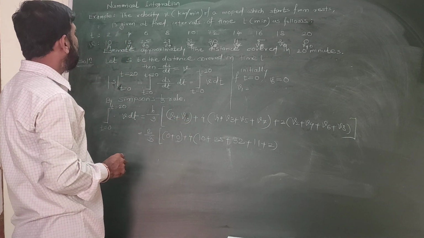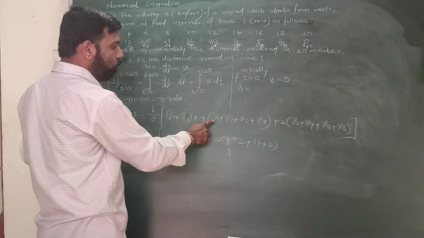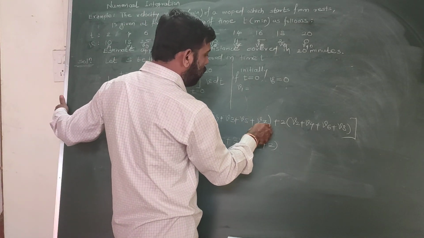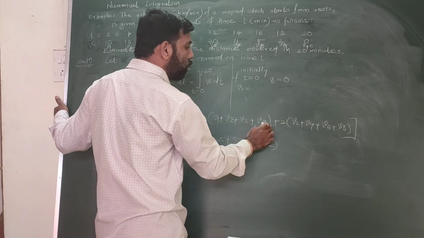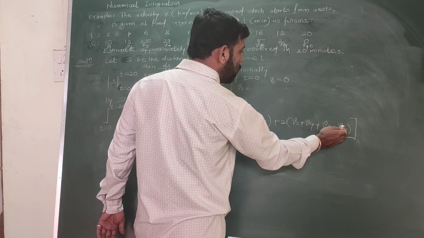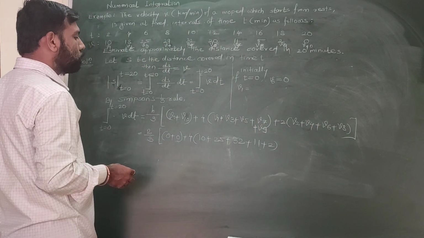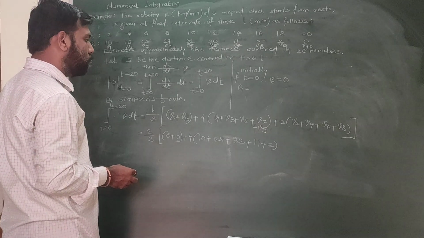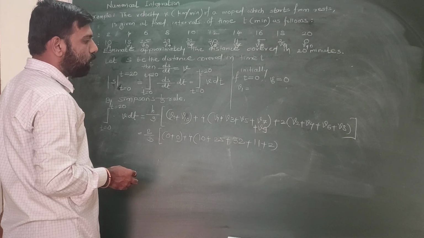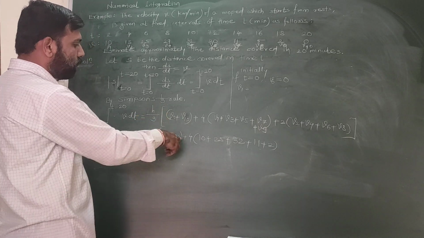V0 to V10: 1, 3, 5, 7 and 9, plus 2 times 2, 4, 6 and 8. The count is 4 plus 2, that is 6, 7, 8, 9, 10, 11. Okay, 11 entries are there.